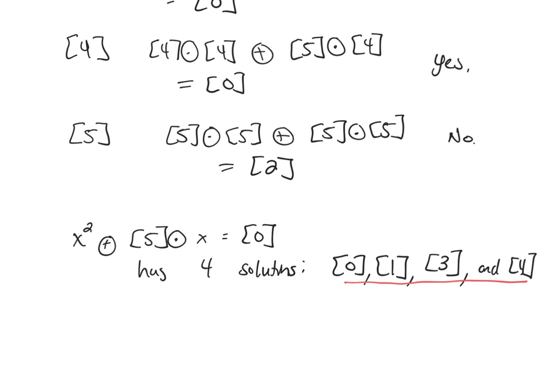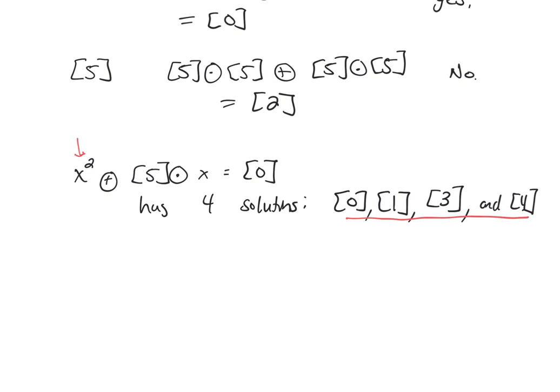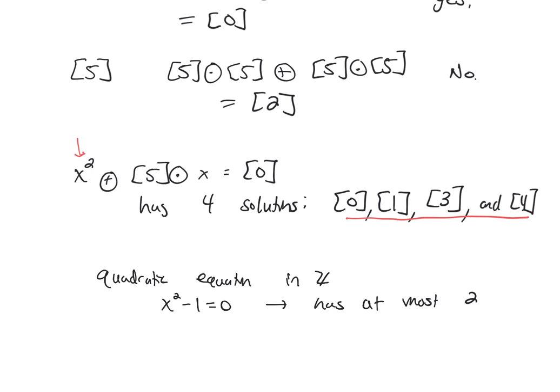Now look at this equation. This equation has an x squared in it. So you can think of this as a quadratic equation, right? So let's think for a minute about the difference between Z and Zn. If you look at a quadratic equation in Z, for example, x squared minus 1 equals 0, this has at most 2 solutions.